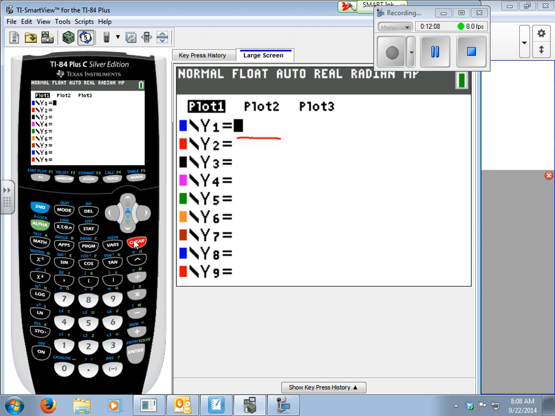The other thing I want you to look for is, do you have a dark box that's around one of these words, plot 1, plot 2, plot 3? If you do, we don't want that there. So we have to turn our plots off. Use your up arrow, so your plot 1 should be blinking. Hit the enter button, and then arrow back down again.